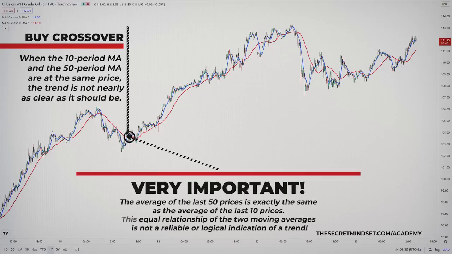What you are really observing at the crossover point is that the average of the last 50 prices is exactly the same as the average of the last 10 prices. If you are looking for trends to trade, this equal relationship of the two moving averages is not a reliable or logical indication of a trend.